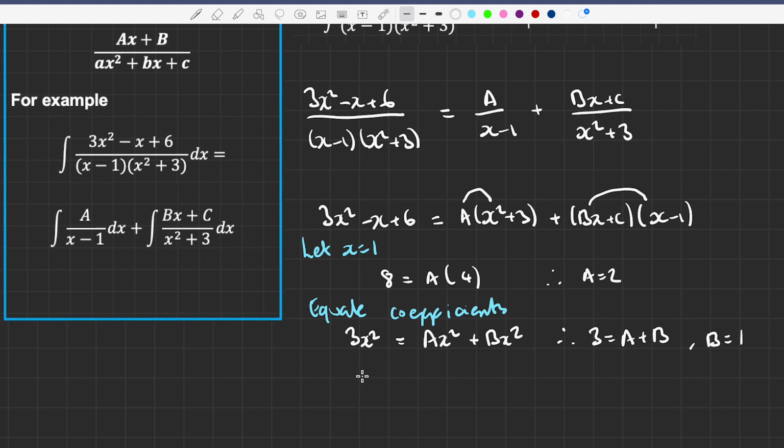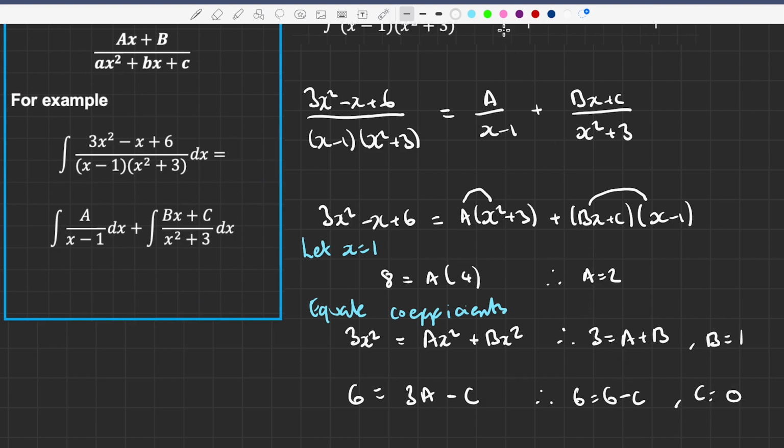And to find c, we can look at this constant term. This 6 can only be made from a times 3, so 3a, and then plus c times negative 1, so minus c. And therefore, we know that a is equal to 2, so 6 will equal 6 minus c, so c must equal 0.